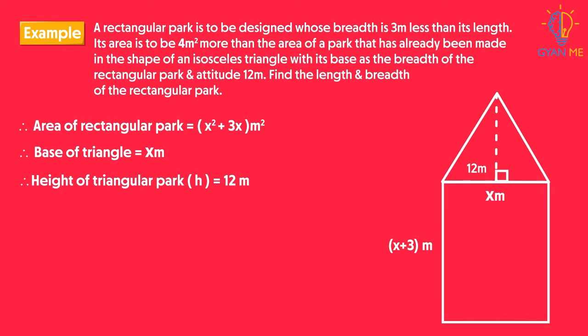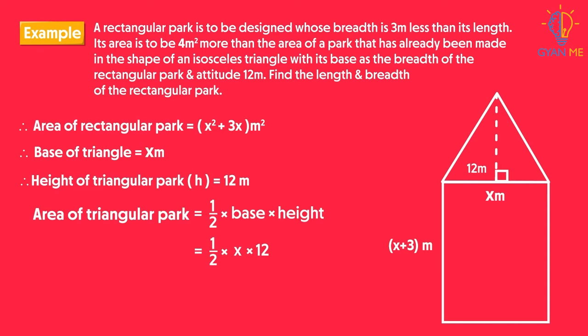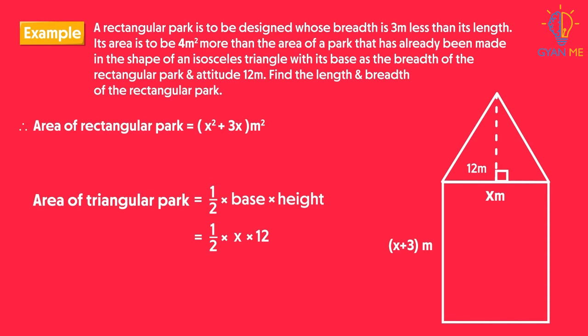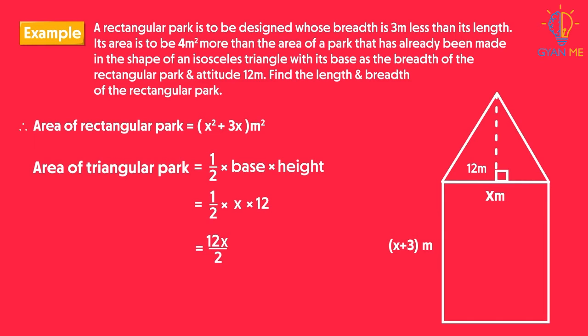Now we already know that the area of a triangle is half into base into height, and therefore the area of our park is equal to half into x into 12, which is equal to 12x upon 2, which comes out to be 6x meter square.